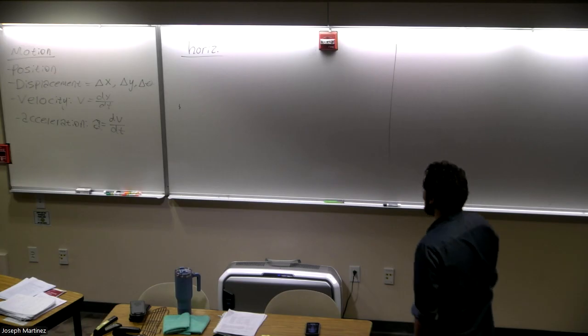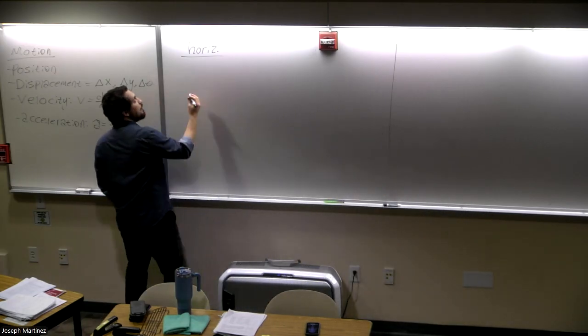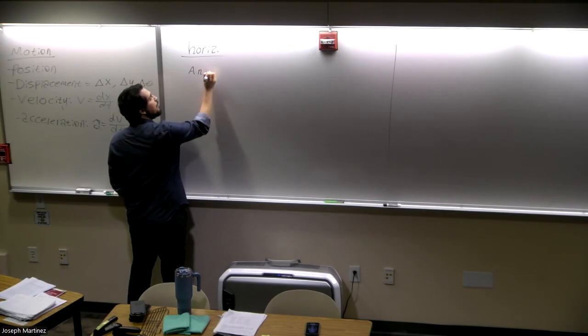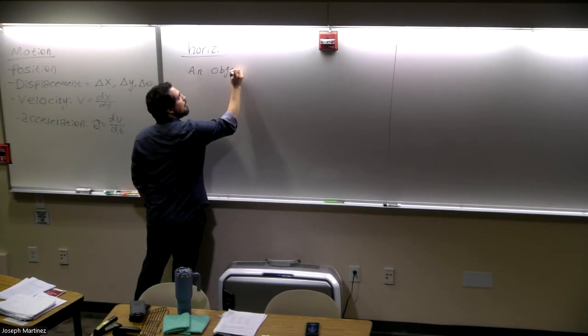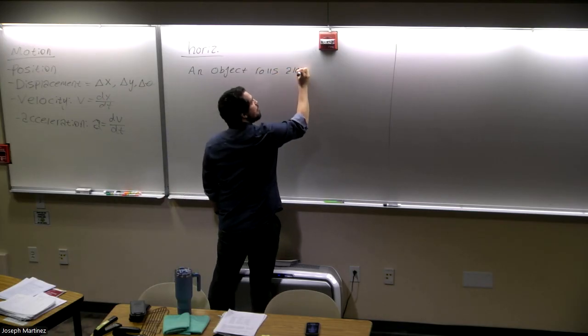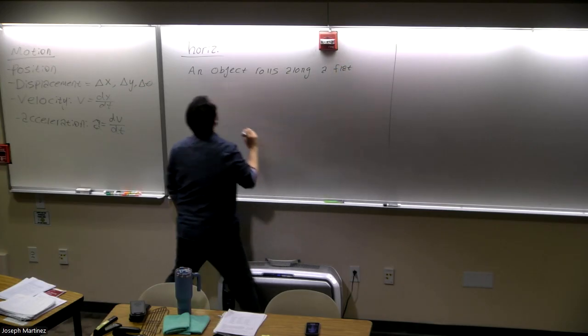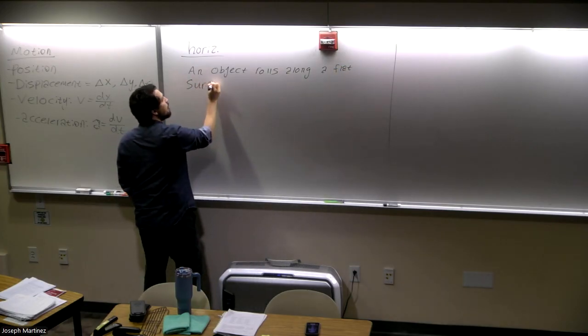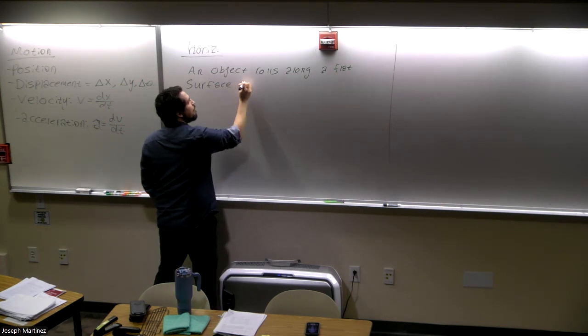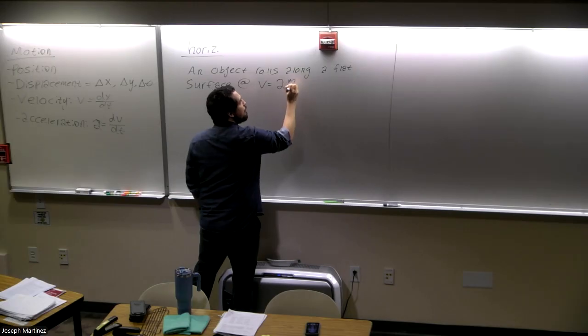And if we have an object that is moving horizontally, perhaps we say an object rolls along a flat surface at a velocity equal to 2 meters per second.